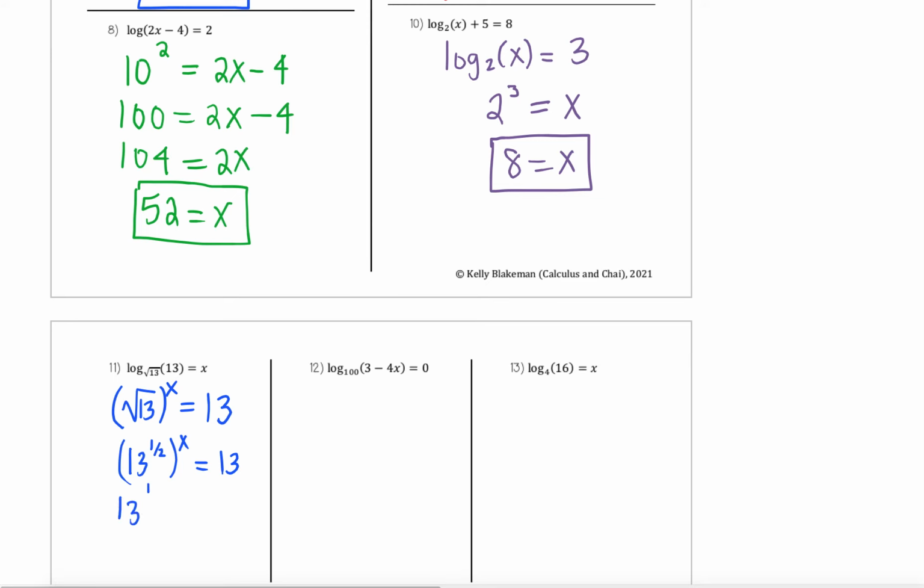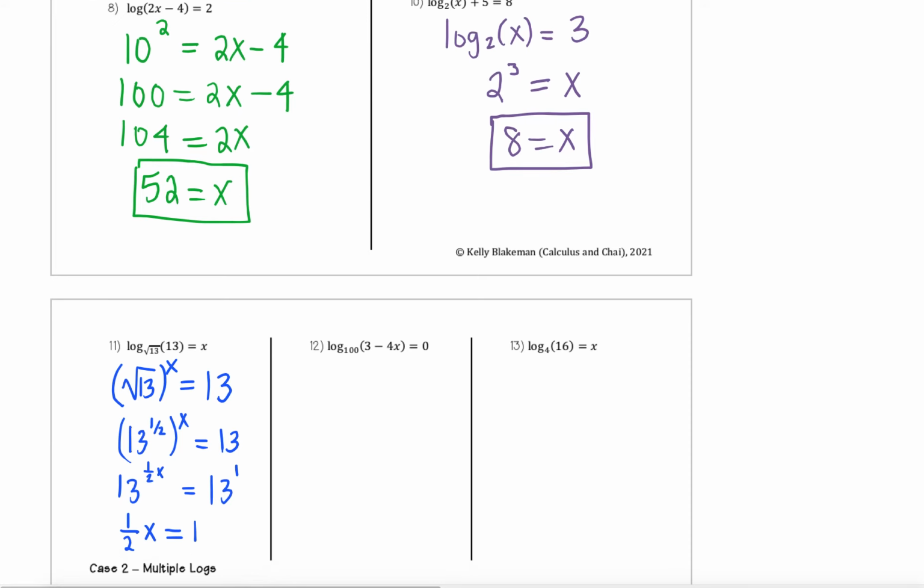On the left side here, our exponent is 1/2 times x, and on the right side, we have an exponent of 1. Since we have the same base of 13 on both sides, we can set those equal, and we get 1 over 2 times x equals 1, which, to get x by itself, multiply through by 2, and we get x equals 2.